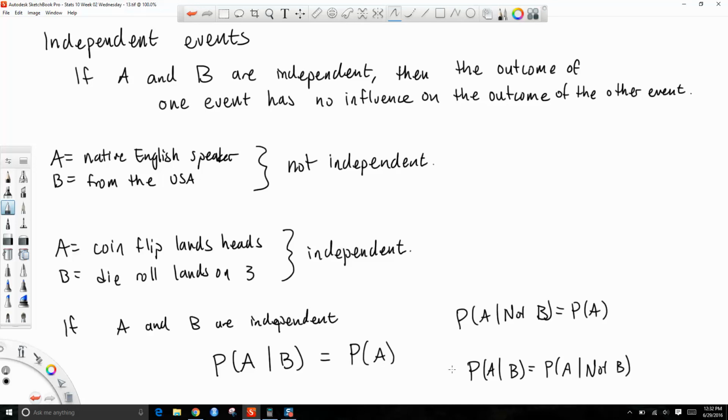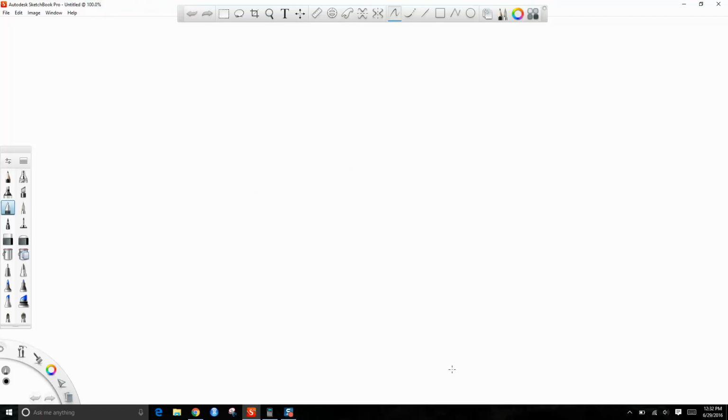Okay, and the answer to that is, if two events are independent, then they for sure cannot be mutually exclusive.